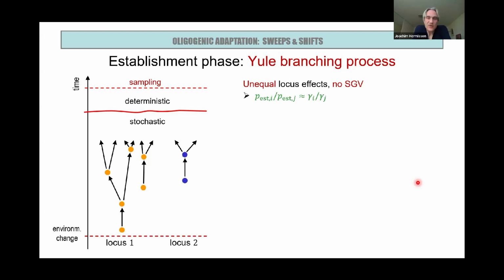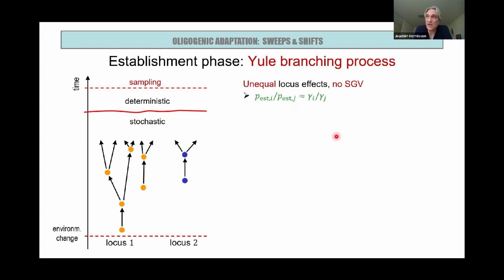But for simplicity now, assume first of all that we do not have any standing genetic variation. So we only start with new mutation as a first step. Now in this case, unequal locus effects definitely mean that these establishment probabilities are different for different loci.